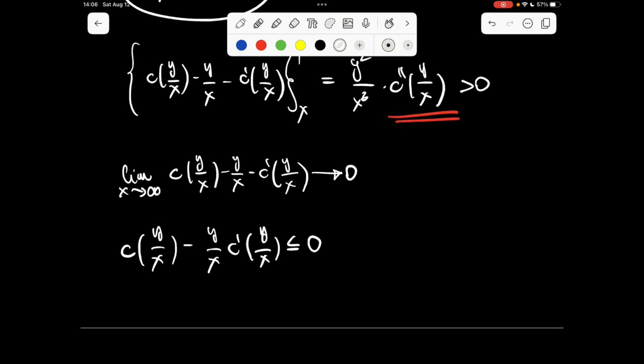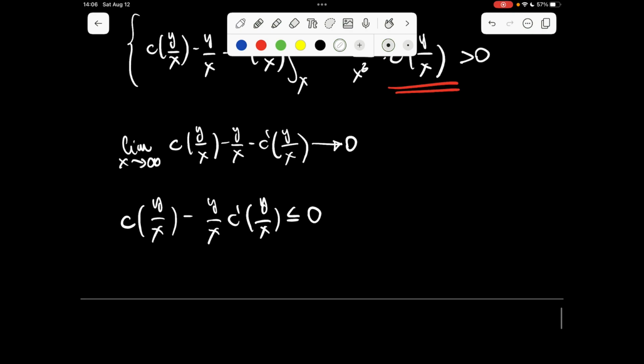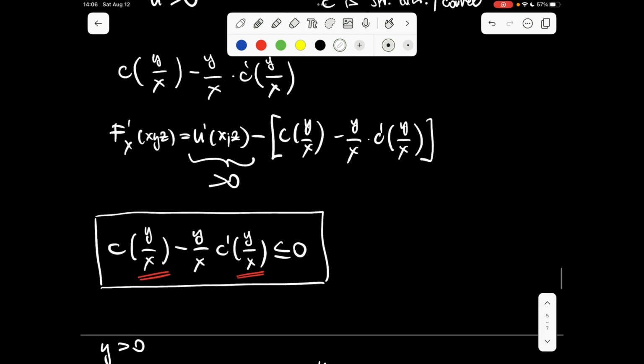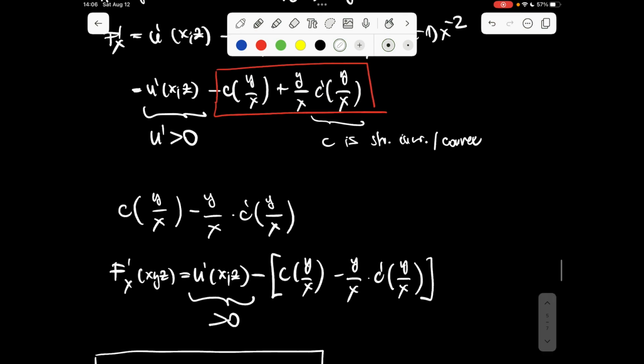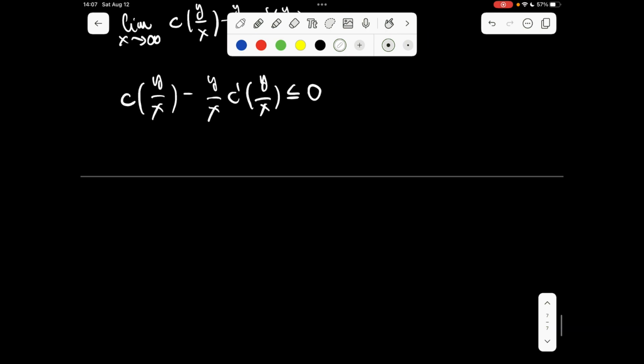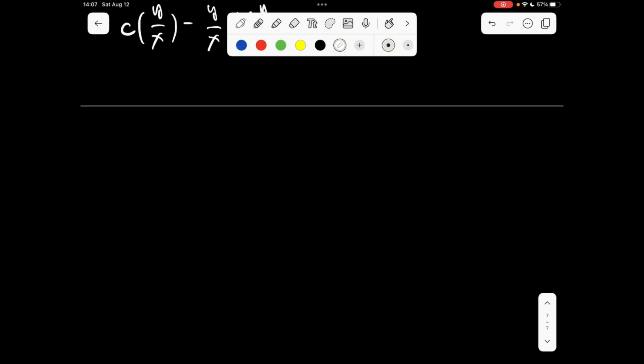So we can conclude that one period return function f is strictly increasing in x. So assumption 9.8 holds. That's great. Assumption 9.9. Assumption 9.9 is related to correspondence gamma.